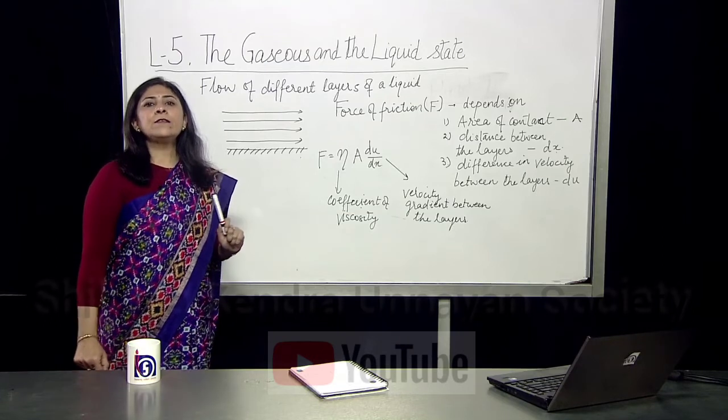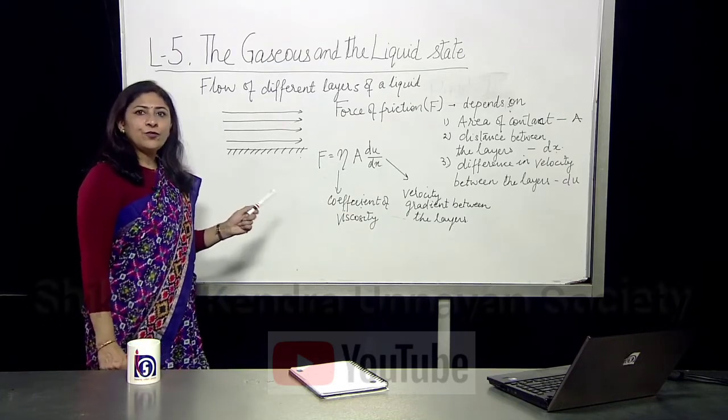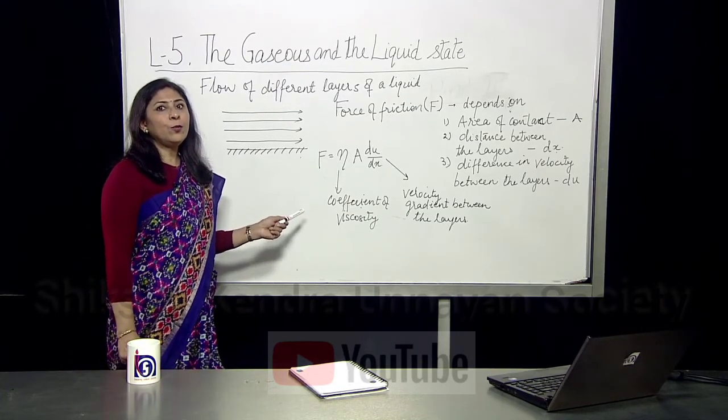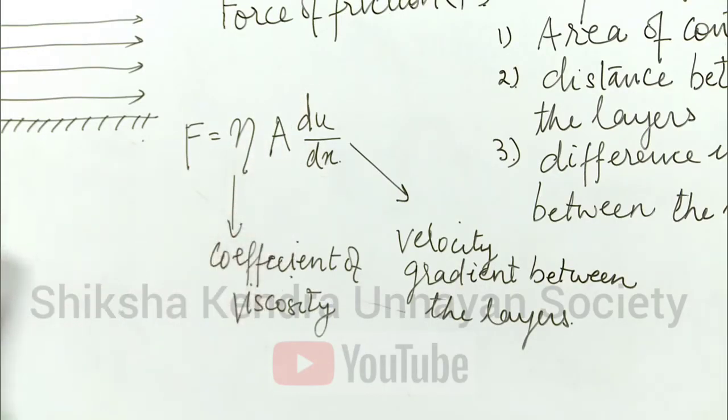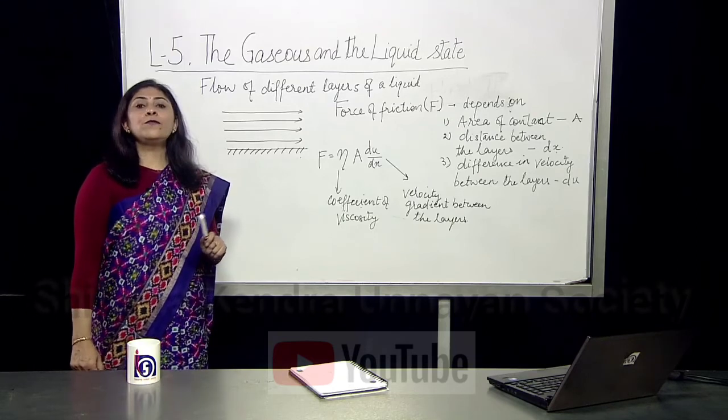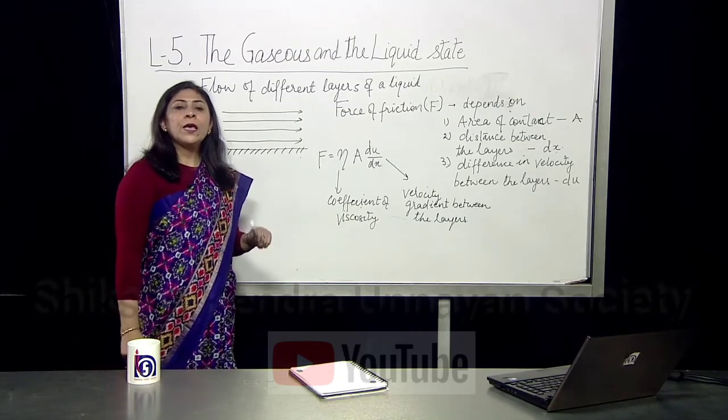Here eta is a Greek letter. It is called the coefficient of viscosity, and du upon dx is the velocity gradient between the layers. Now, how can we derive the viscosity unit?